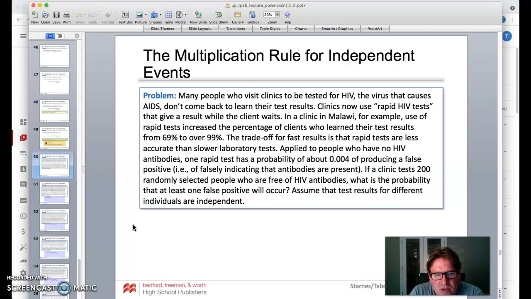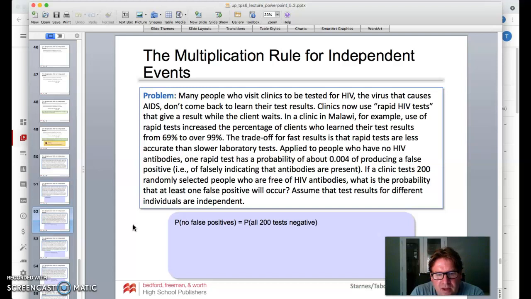If a clinic tests 200 randomly selected people who are free of HIV antibodies, what is the probability that at least one false positive will occur? Assume that test results for different individuals are independent. Well, we're going to take the probability of no false positives, which is the probability that all 200 tests are negative. If we take 1 minus 0.004, we get 0.996 for each test.